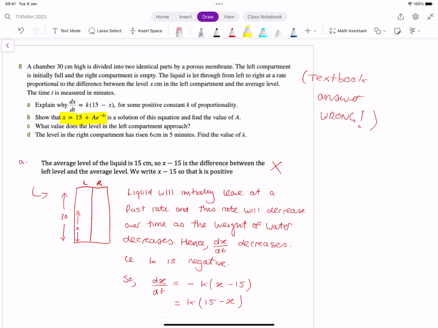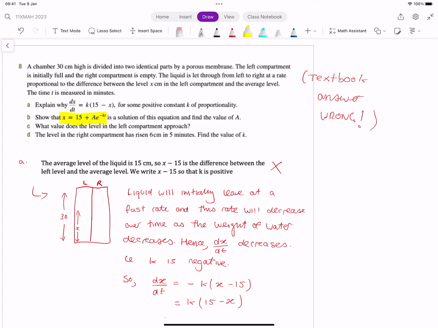So the answer in the textbook said that the average level of the liquid is 15. That part's correct, and it makes sense. If you've got initially the left compartment being full at 30 centimeters, well, then the right compartment would be 0, and the average between 30 and 0 is 15. If it then fell by 1 centimeter, that would make the right compartment rise by 1.